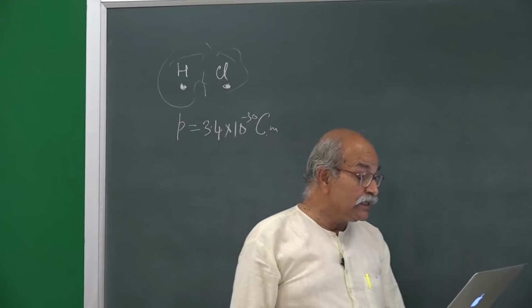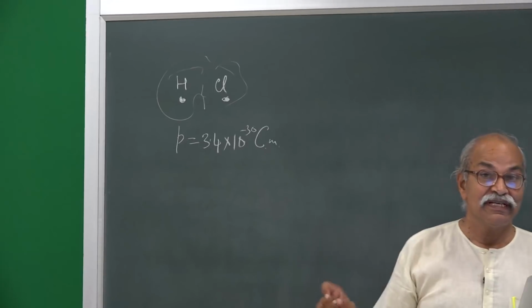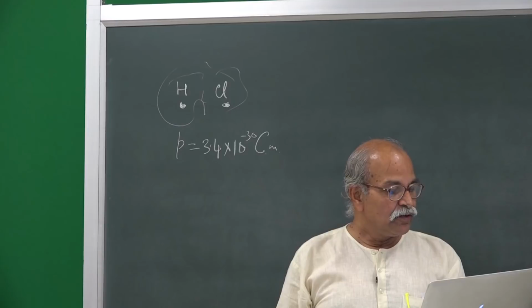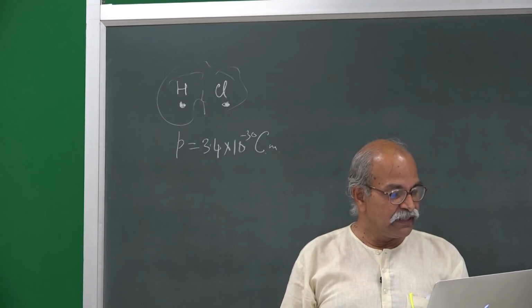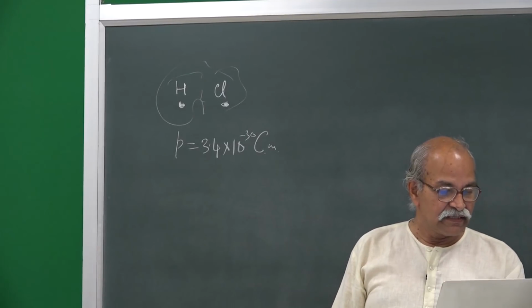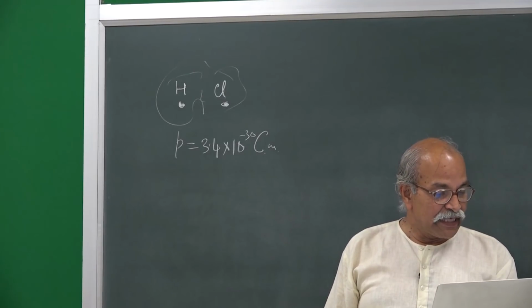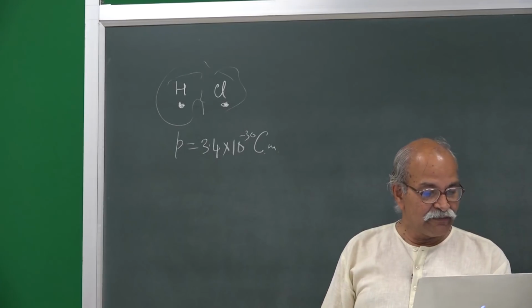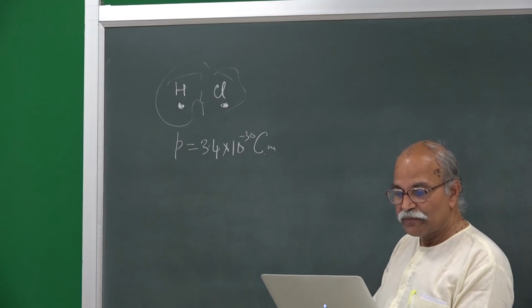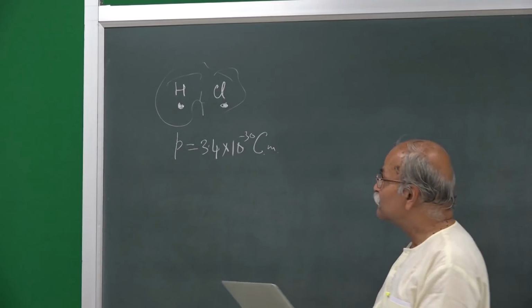Now, assuming that, this is a very important word, assuming that equal and opposite charges lie on the two atoms and they form a dipole, what is the magnitude of these charges? The separation between the two atoms of HCl is 1.0 into 10 to the power minus 10 meter.